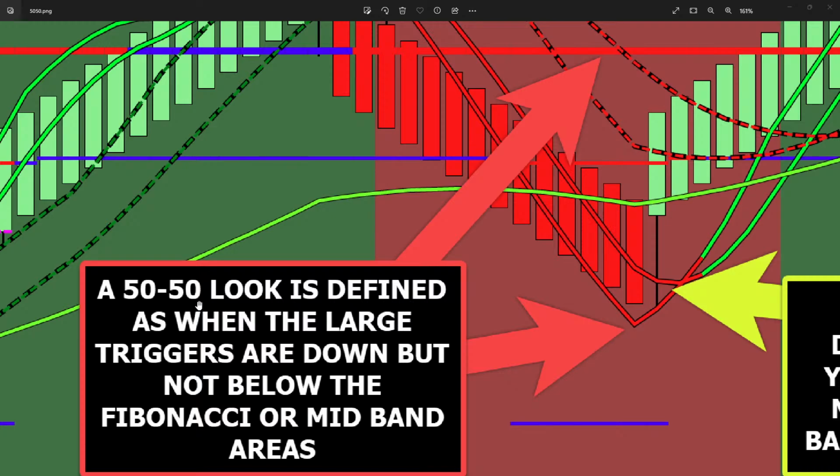And I guess I should also add, 50-50 is not the chances of a trade winning. You have about a 70 or 80% chance of a trade winning when all the rules are met, period. 50-50 means that 50% of the triggers are below an area and 50% are above an area.